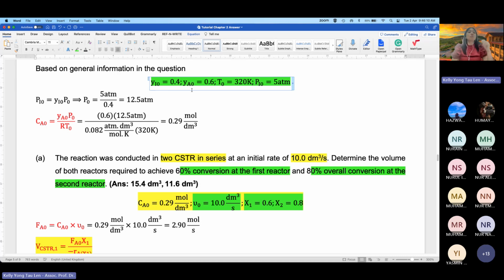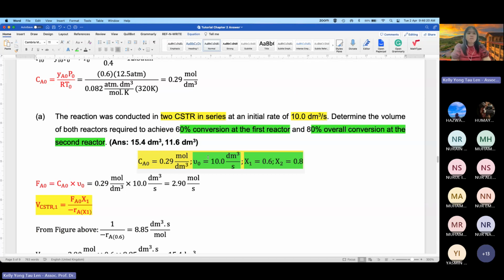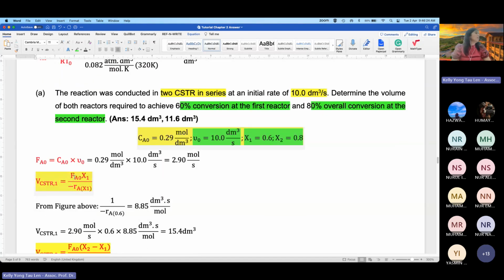We were given the mole fraction of inert, mole fraction of A, initial temperature, partial pressure of inert, the inlet volumetric flow rate, and X1, X2. So FA0 is not provided to you. The problem is I now have two unknowns: the volume, which I want to find, and FA0, which I also do not know.